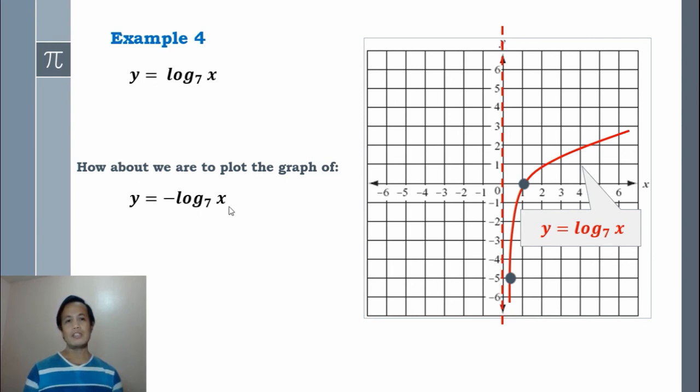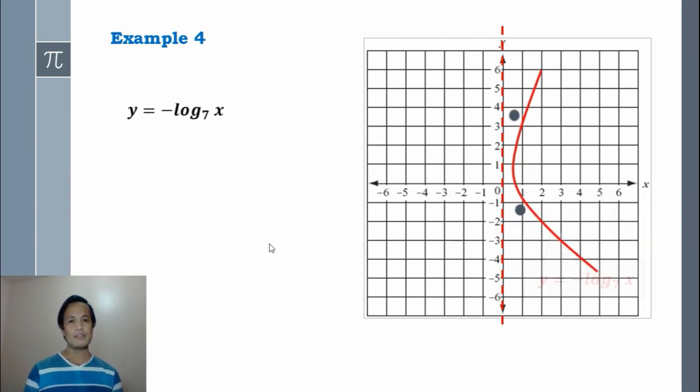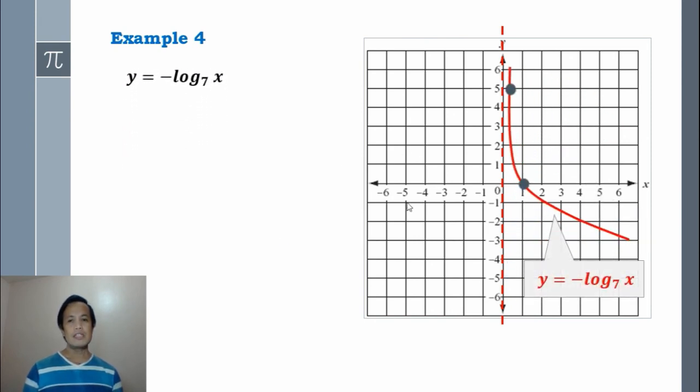But remember, this is still in general form. So it is the reflection of the graph along the x-axis. Therefore, the graph will look like this. Since this is still in general form, the graph crosses at the point (1, 0). And of course, we still have the vertical asymptote at x equals 0.